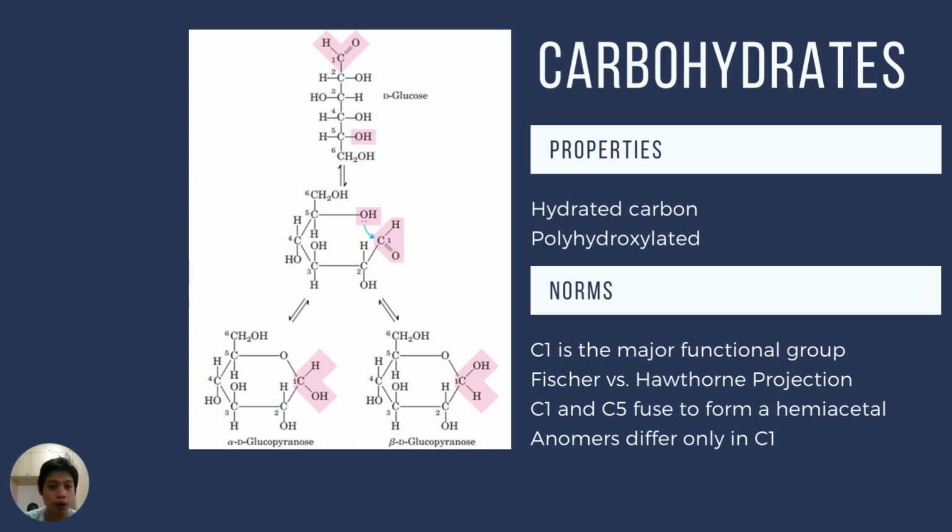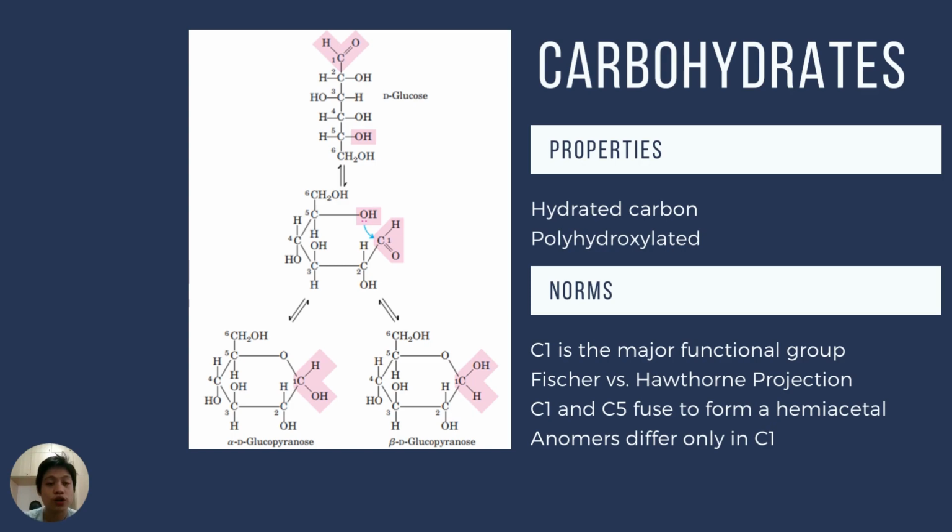We also have norms in describing carbohydrates. So carbon number 1 is usually the major functional group. So how do we number the carbohydrates? Much like we number the different functional groups in organic chemistry. So carbon number 1 is designated based on the presence of the major functional group. So again, take a quick look at the image in the left and the topmost portion.